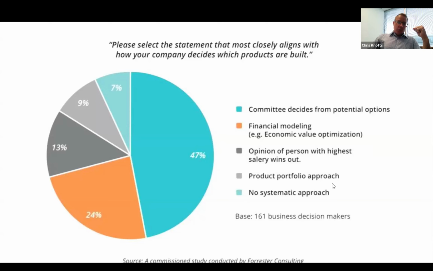Now, if you use a product portfolio approach, 9%, plus financial modeling, 24%, that's 33%. So 1 out of 3, in aggregate across this survey, used some type of methodical approach, leaving 2/3 really without any real methodical approach to deciding what product we're going to build and invest in.